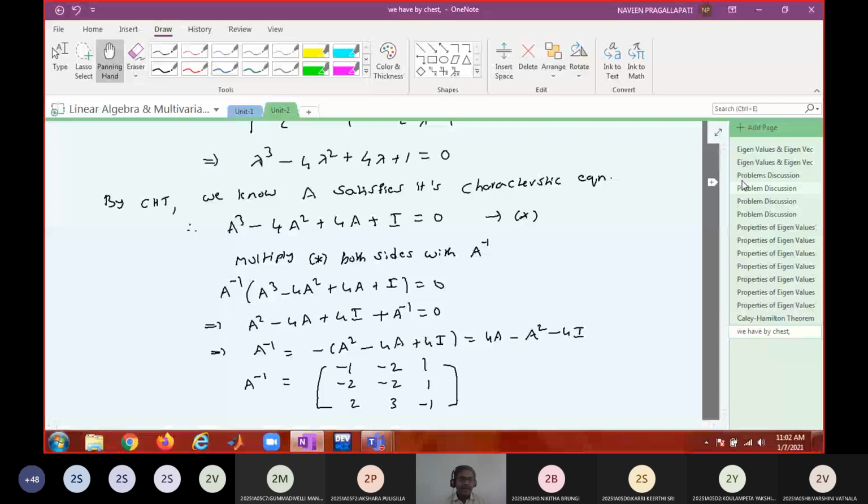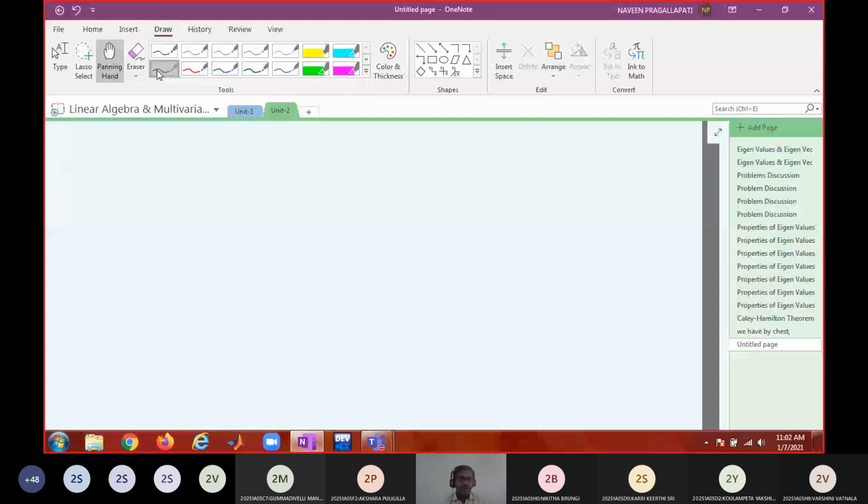Star implies, what is the A cube expression? A cube is equal to 4A square minus 4A minus I. Am I right?